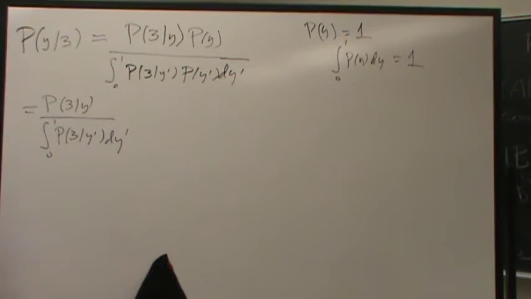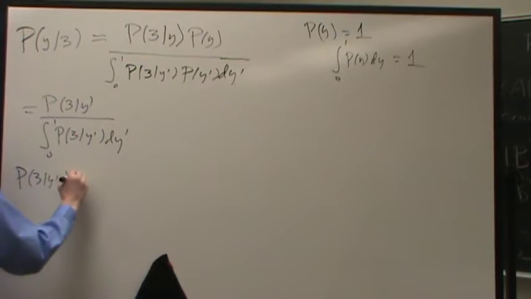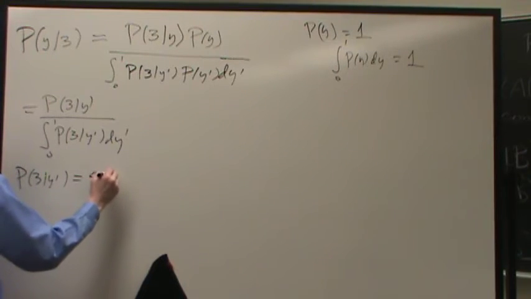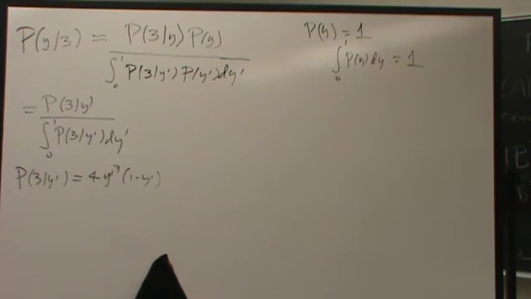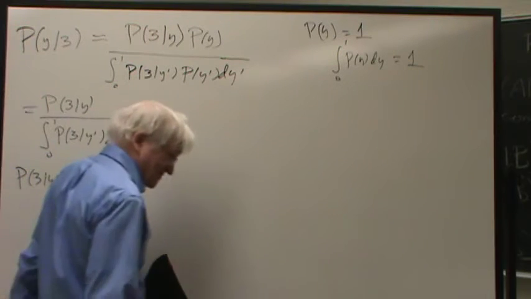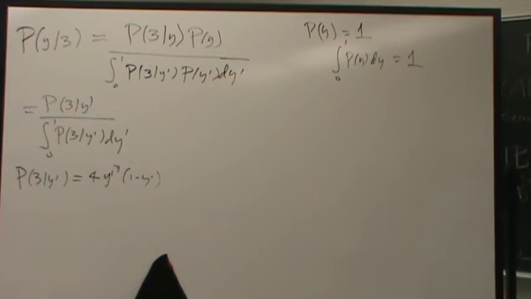But p of 3 given y prime then is 4 y prime cubed, 1 minus y prime. So what is the difference between y and y prime? Oh, y is, actually I'm getting confused now because of all these probabilities, but y is the probability that a random person will vote for Nancy Pelosi.